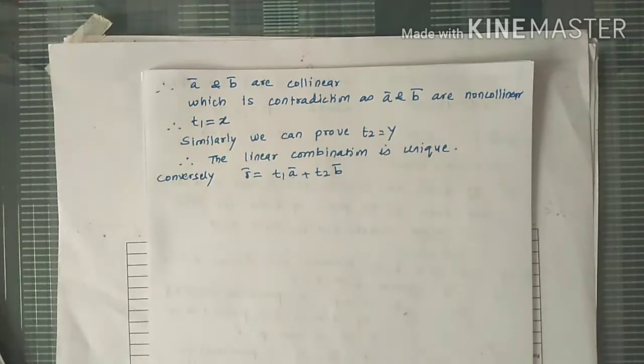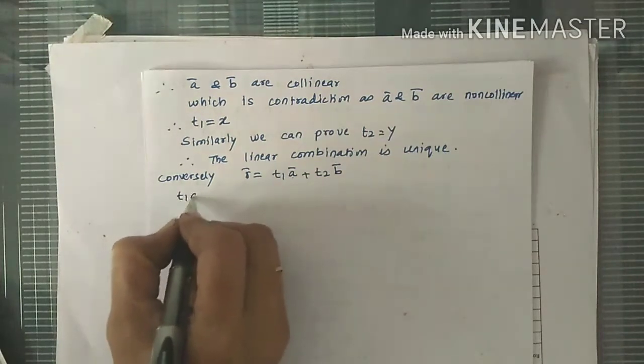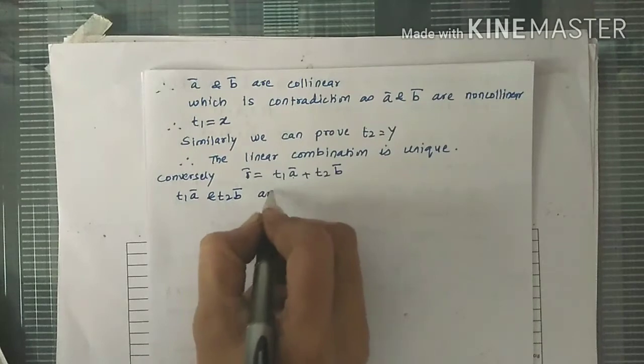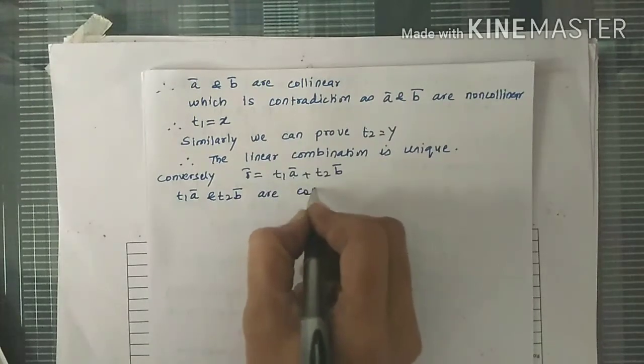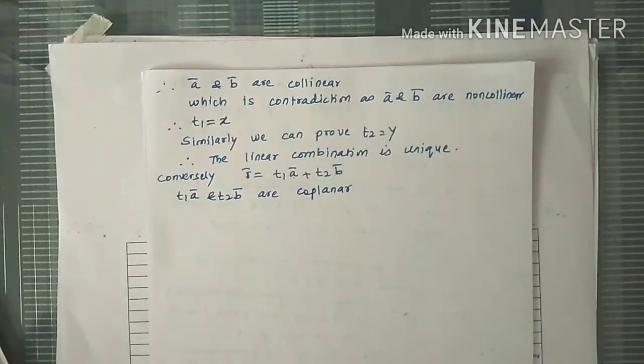Now T1 A bar and T2 B bar are already coplanar with A bar and B bar, as two vectors determine a plane. So their scalar multiples also lie in the same plane.